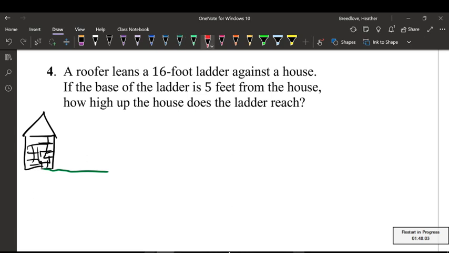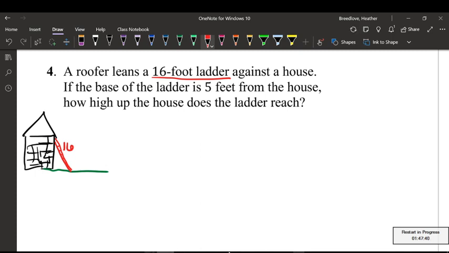And there's a ladder. The roofer leans a 16-foot ladder against a house. All right, so there's my ladder. You can draw as detailed as you want. It doesn't matter. And I know that's 16 feet long. The ladder is 16 foot.